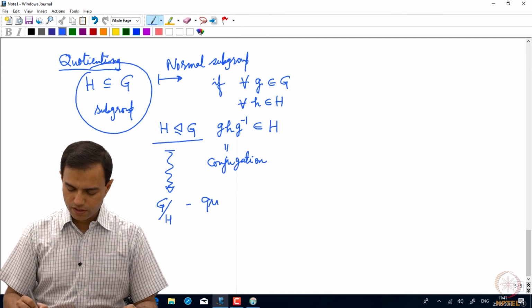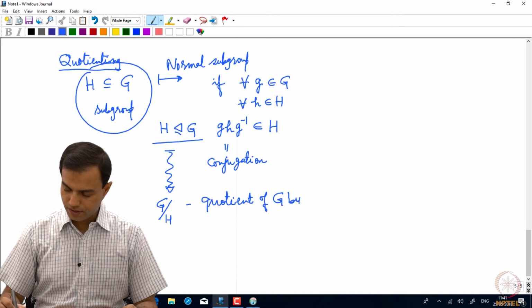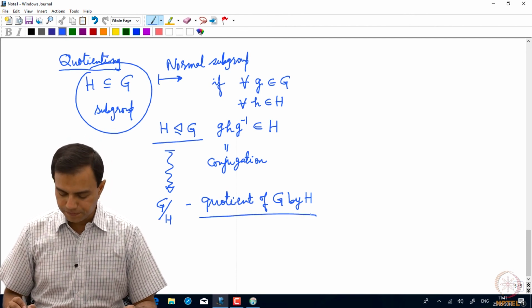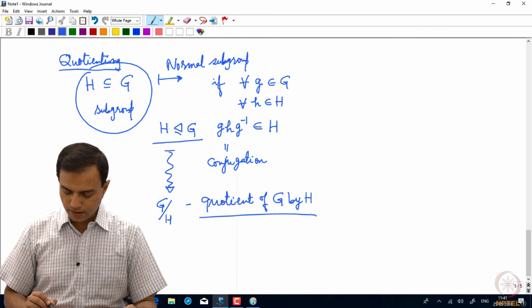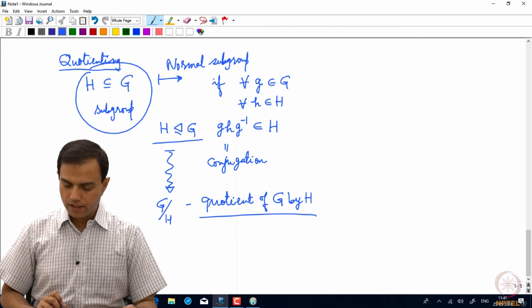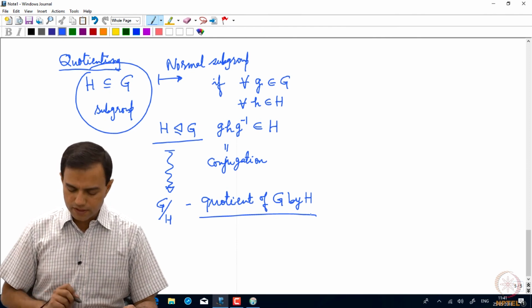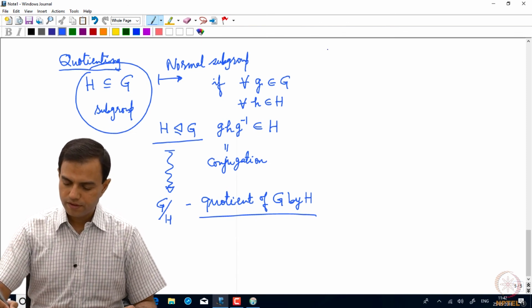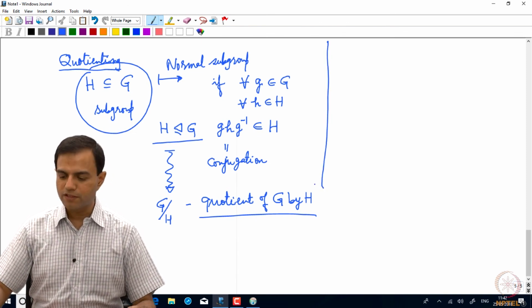It's called quotient of G by H. So we are having some quotienting of G by H. I'm not going to define it, but some words I am saying, so as the time comes, maybe I would explain it in detail.